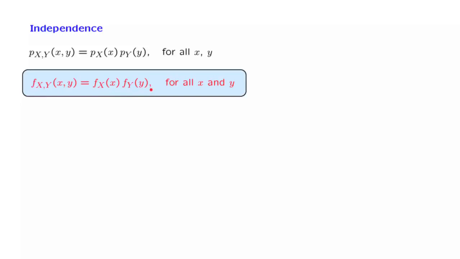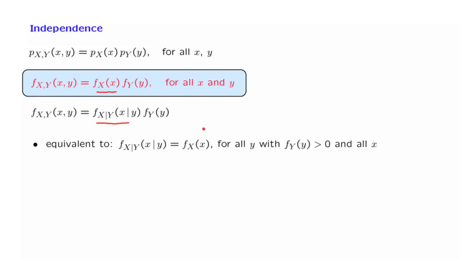We can now compare with the multiplication rule, which is always true as long as the density of y is positive. So this is always true. In the case of independence, this is true. So in the case of independence, we must have that this term is equal to that term, at least whenever this quantity, the marginal of y, is positive.